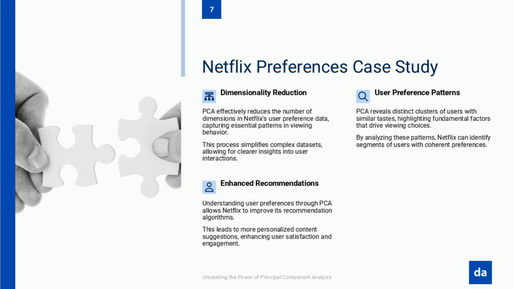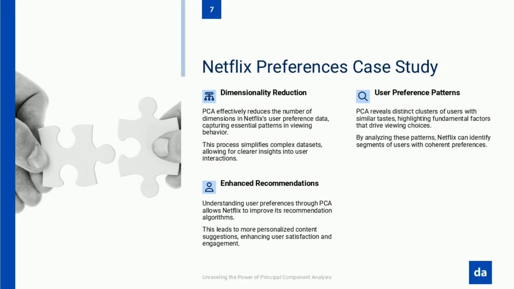The business implications are profound. By understanding the fundamental components that drive viewing preferences, Netflix can develop more nuanced recommendation algorithms, identify content gaps in their library, and make more informed decisions about which original content to produce.